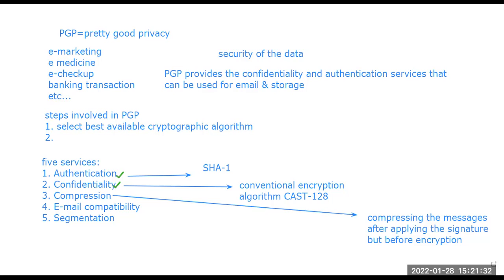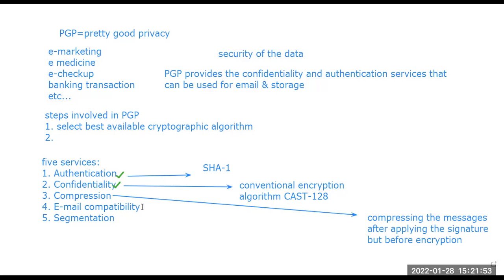So PGP provides the service of converting this 8-bit binary data to printable ASCII characters, and the scheme used for this purpose is radix-64 conversion. So for email compatibility, what is used here?